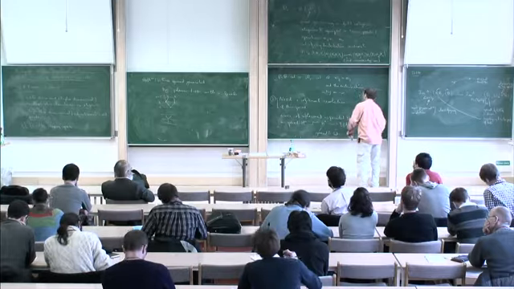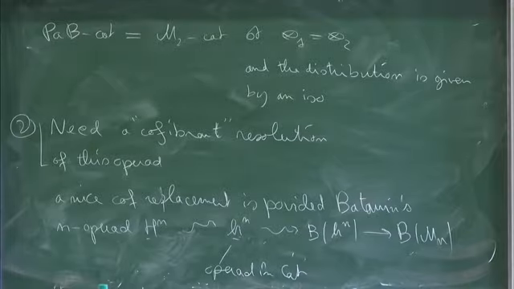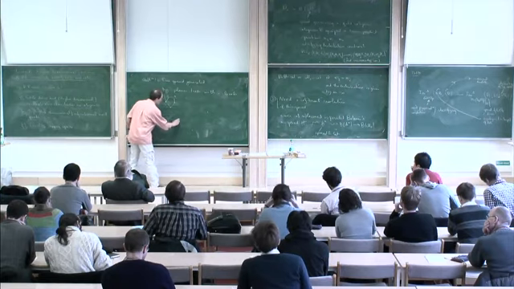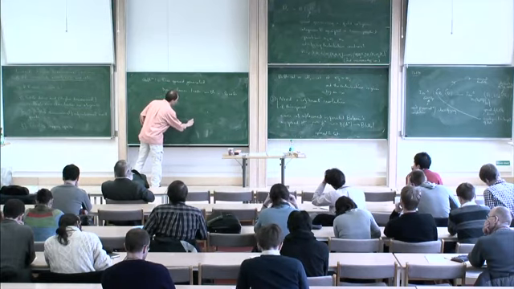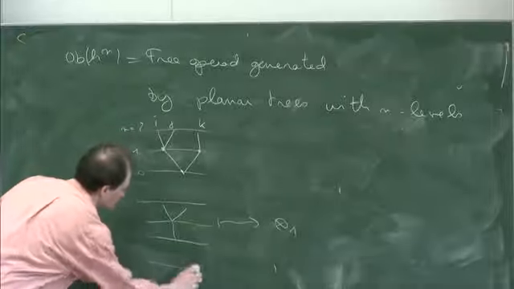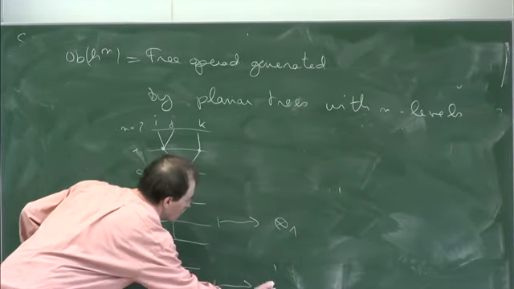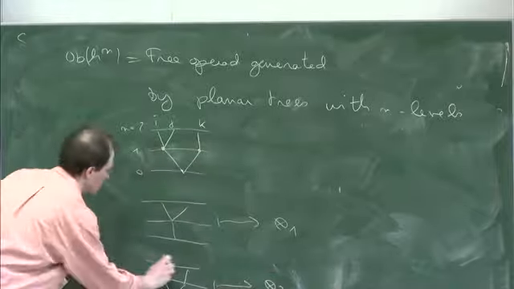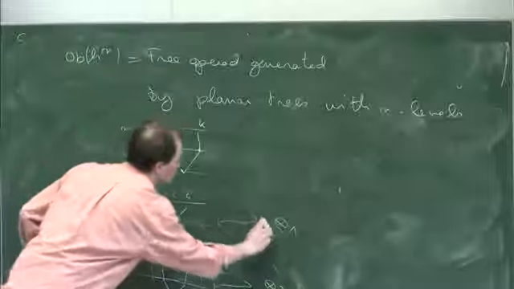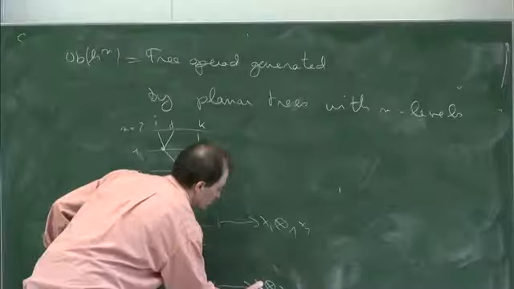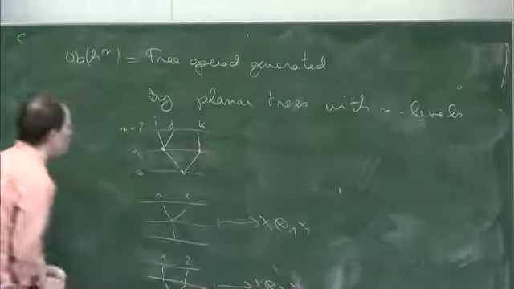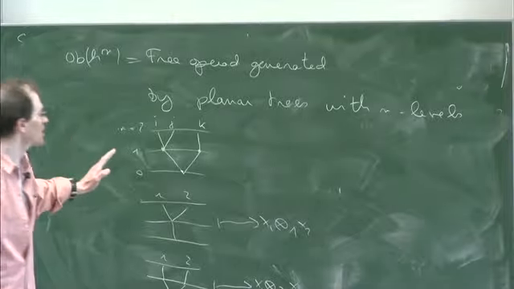And this map takes this object, if I remember well, to tensor 1, and this one to tensor 2. So with this object, I get some kind of generalization of the construction for PAB.